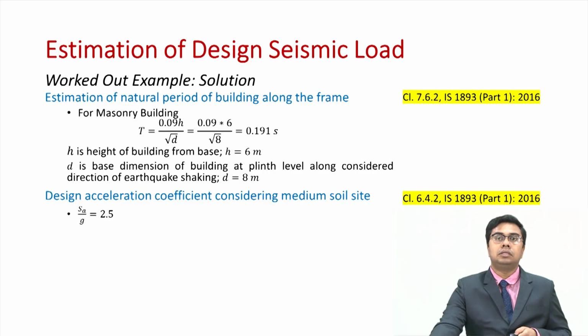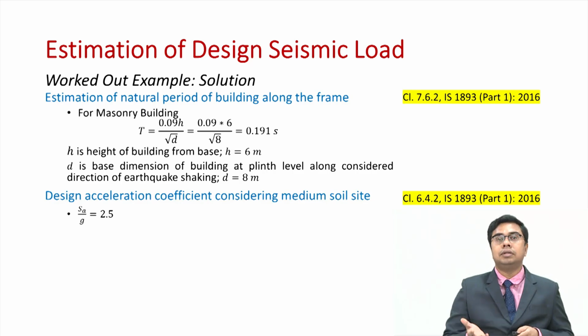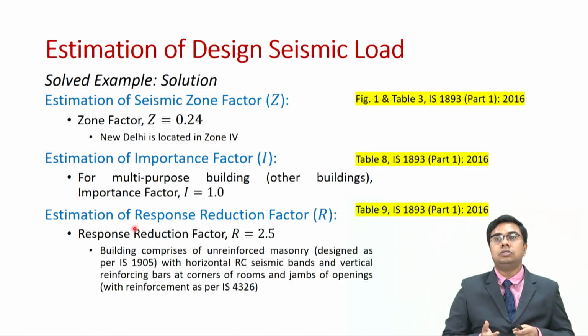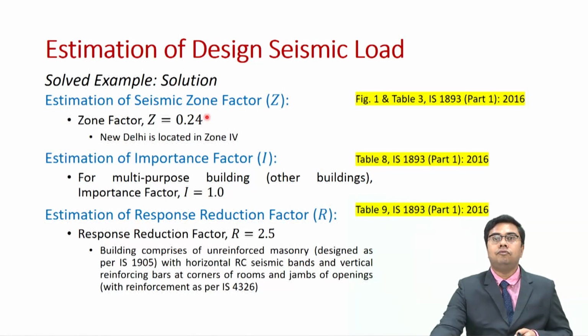So once we have this value of Sa by g, we also need some other parameters which are zone factor, importance factor and response reduction factor. Now seismic zone factor actually depends on the location of the site. Since our site is located in New Delhi, which is located in seismic zone 4, the value of zone factor is equal to 0.24.